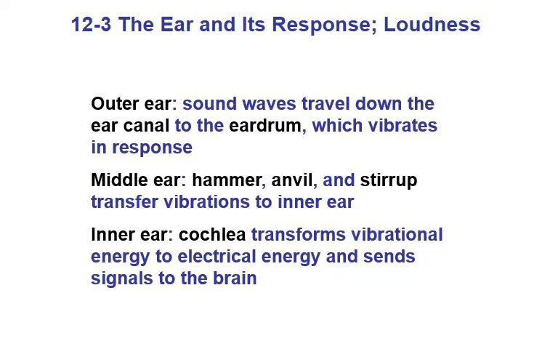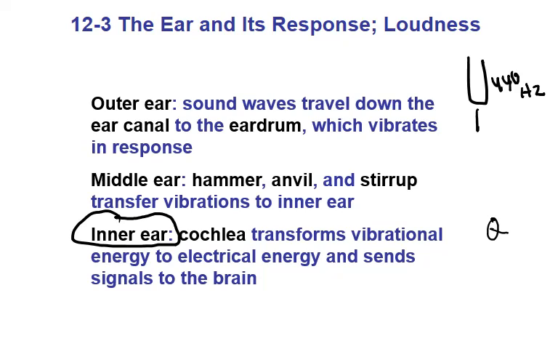What actually happens in the inner ear is, let's say you had a tuning fork that was 440 hertz, and you hit it, and the tuning fork's vibrating back and forth. Now your eardrum is going to vibrate back and forth at 440, right? And then it's going to go through your middle ear and eventually to your inner ear where the fluid's going to move at 440.